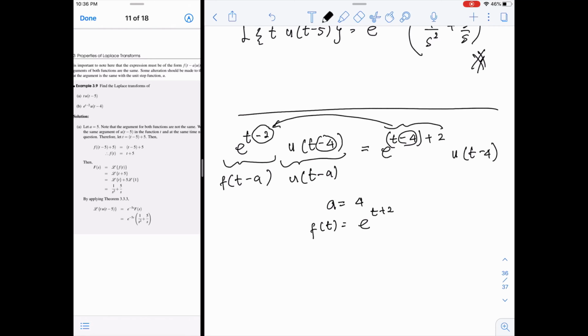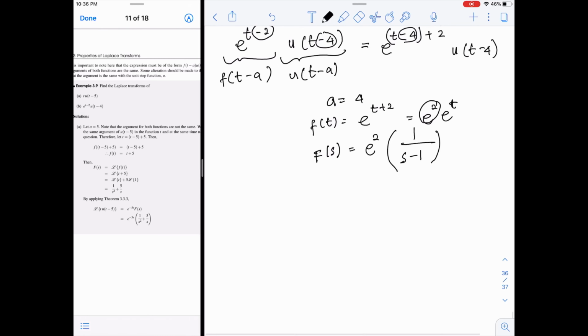Using the properties of the exponent, exponent t plus 2 is actually exponent 2 times exponent t. So here exponent 2 is a constant. Before that you need to find the F of s. Your F of s here, for the exponent t, is 1 over s minus 1. Now you combine together.